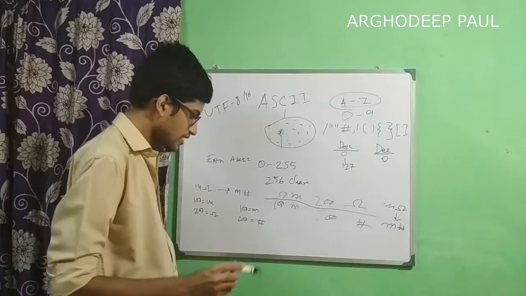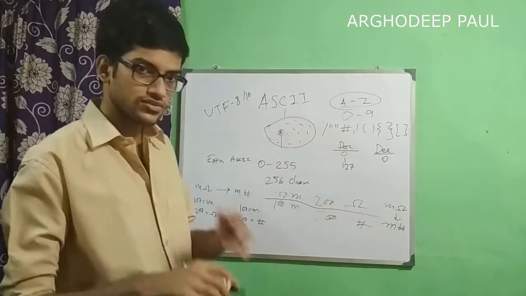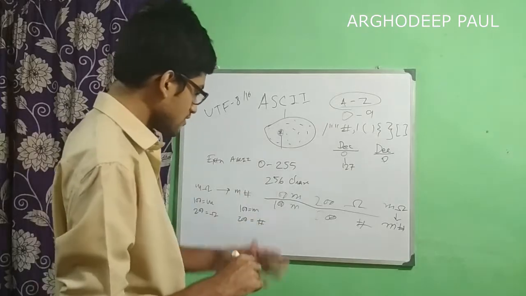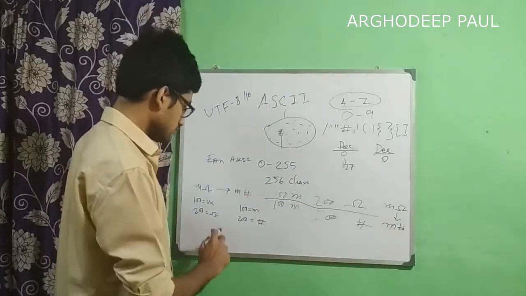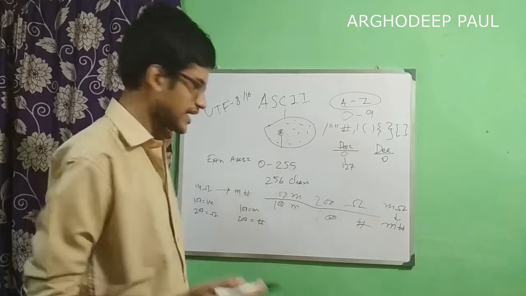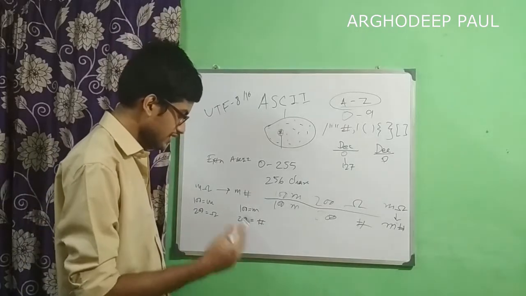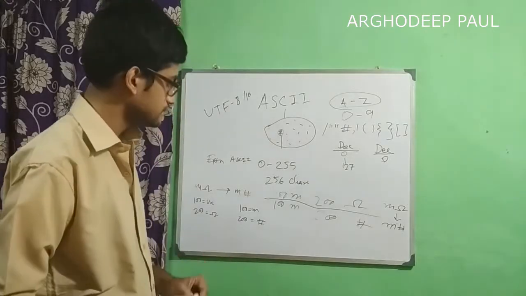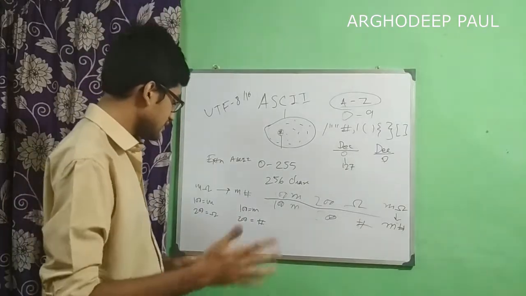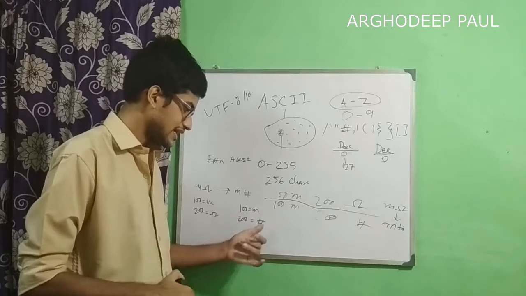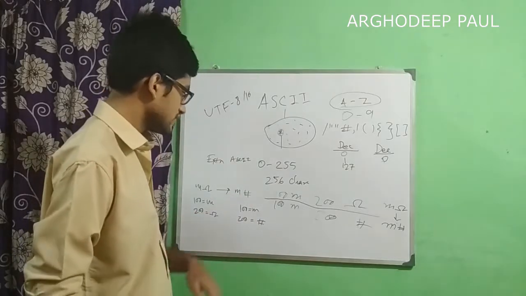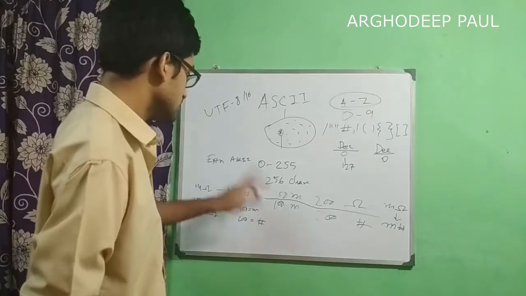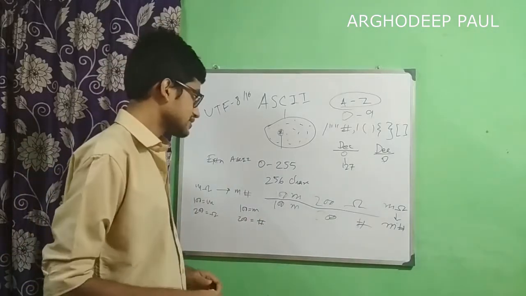Again the decoding process will take place, and he will get the binary, which will be converted to 200, and finally, in their extended ASCII table, they have assigned hash to 200. So he will get M hash. So this is a data conflict or character conflict. This is the main problem of extended ASCII.